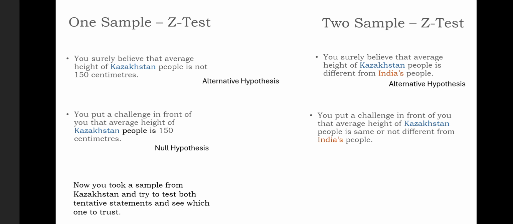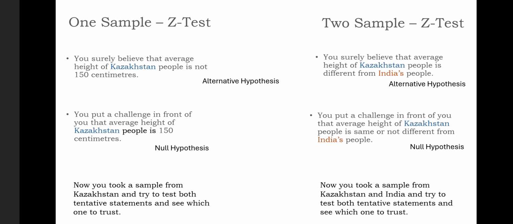And on the same side, you put a challenge in front of you that the average height of Kazakhstan people is the same as India's people, and it's not different. Such a statement becomes a null hypothesis. Now again, you will take a sample from Kazakhstan people and a sample from India's people, and you try to test both these statements.